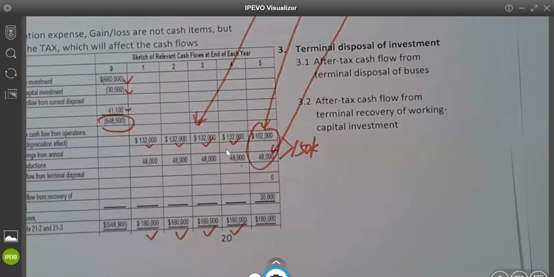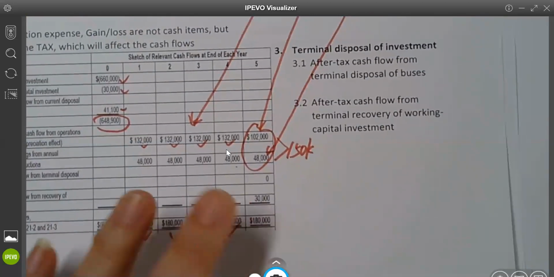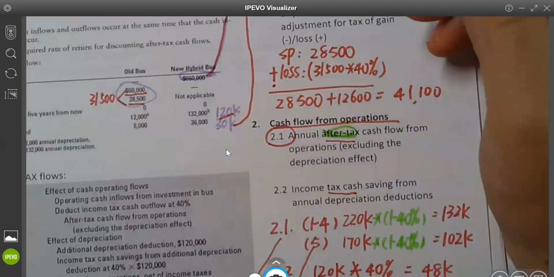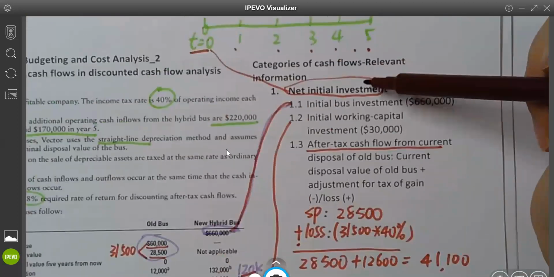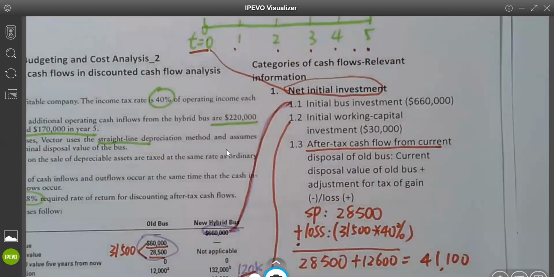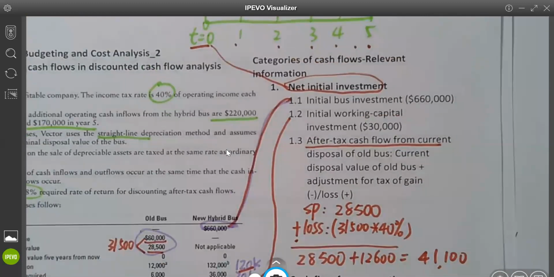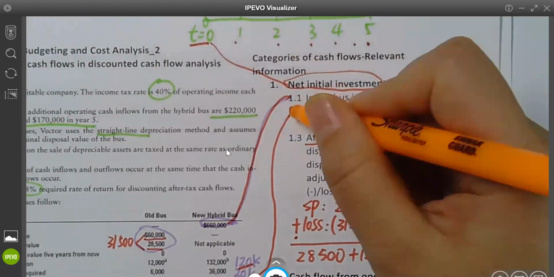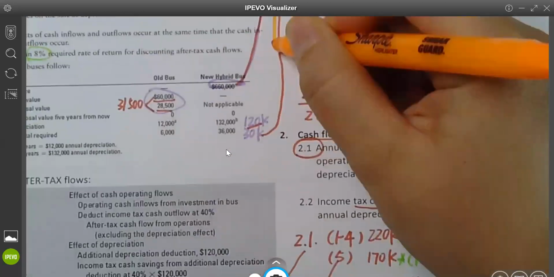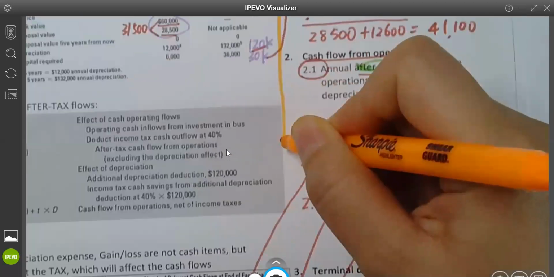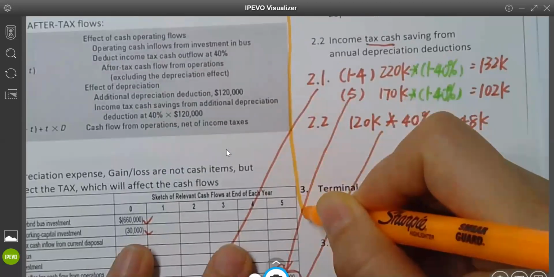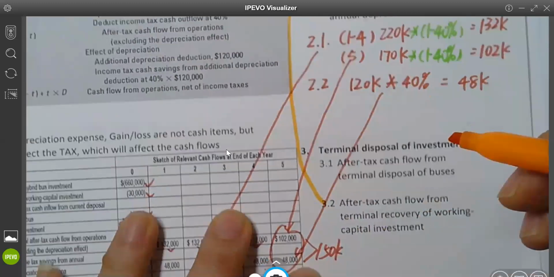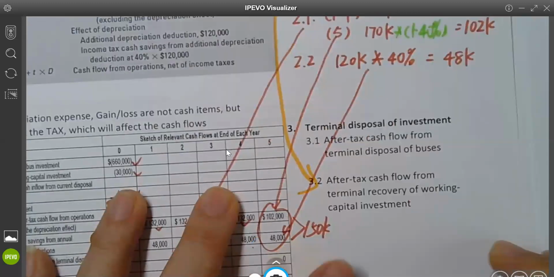Last part. At the end of the project, we have to get rid of our new box and also get our working capital back. Remember, at the beginning of the project, you put 30,000 extra working capital. At the end of the project, you get your working capital back.